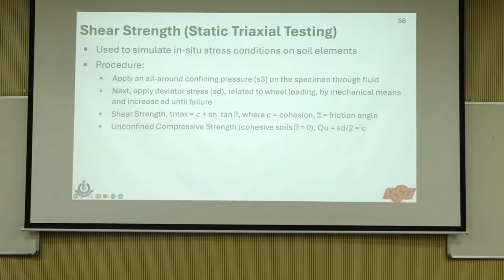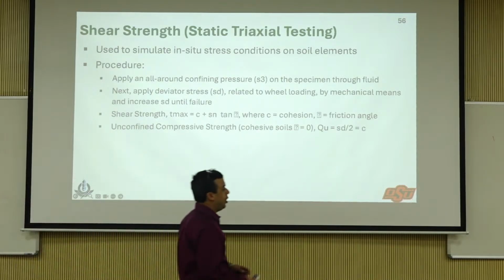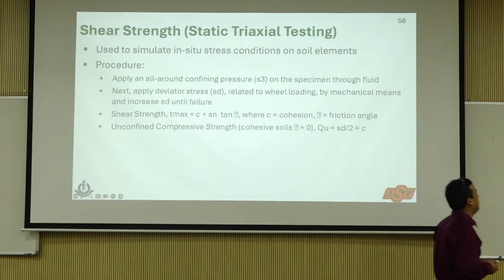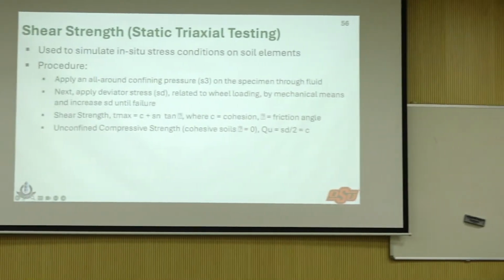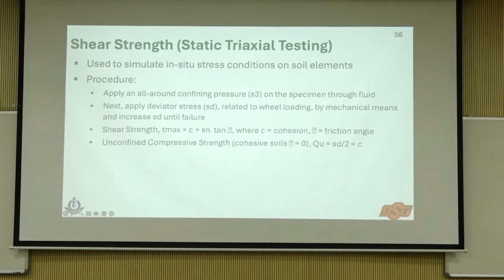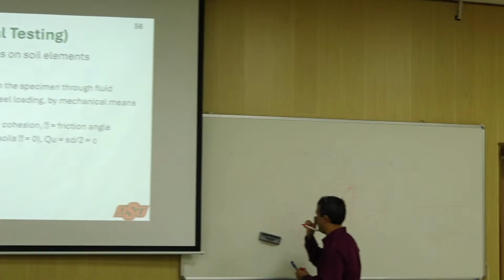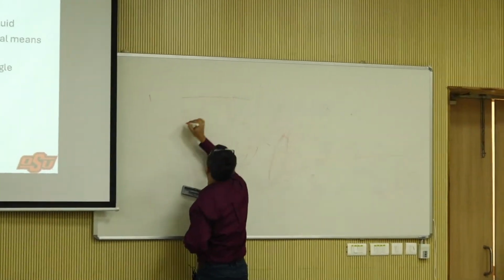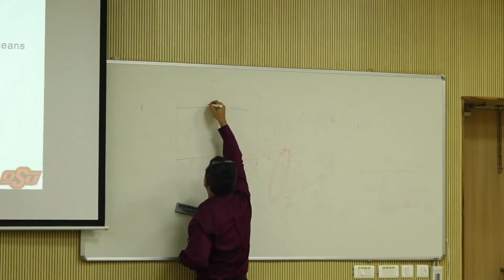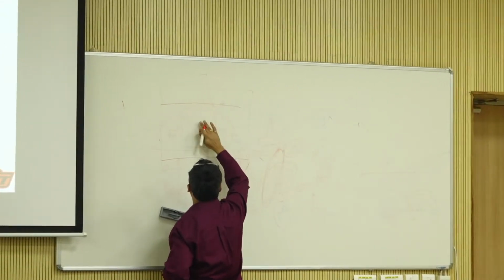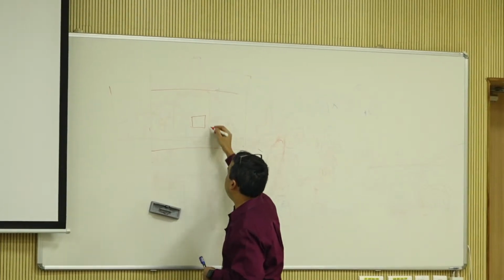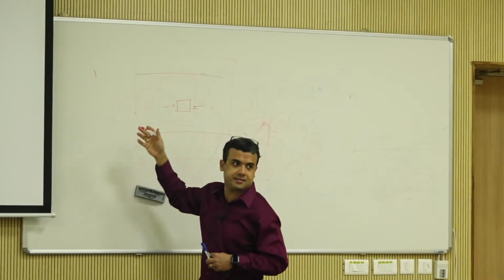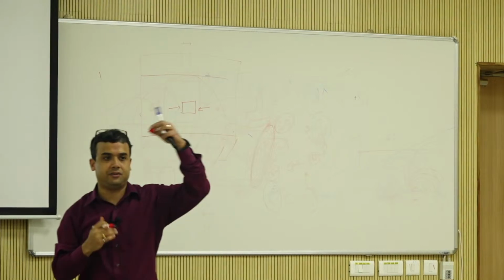So a couple of questions for you to remember or pay attention to. We said that we also do what is known as the unconfined compressive strength test for pavement subgrades, right? And unconfined compressive strength is when there is no confinement. But if you are inside a layer, say a soil element here, the confining stress is because of the surcharge, the upper load.